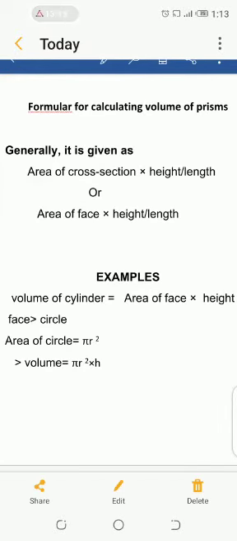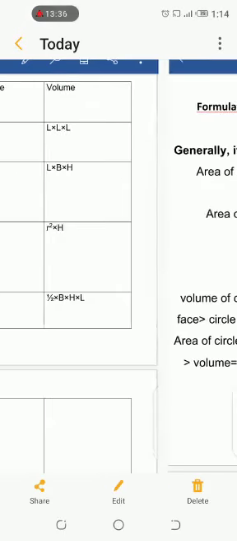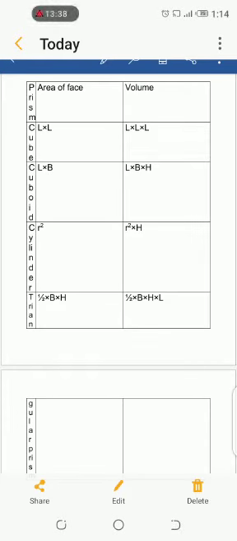The area of the circle is pi r square, so putting the two together, we have pi r square times height. Remember, the pi r square stands for the area of the face, then times the perpendicular height.